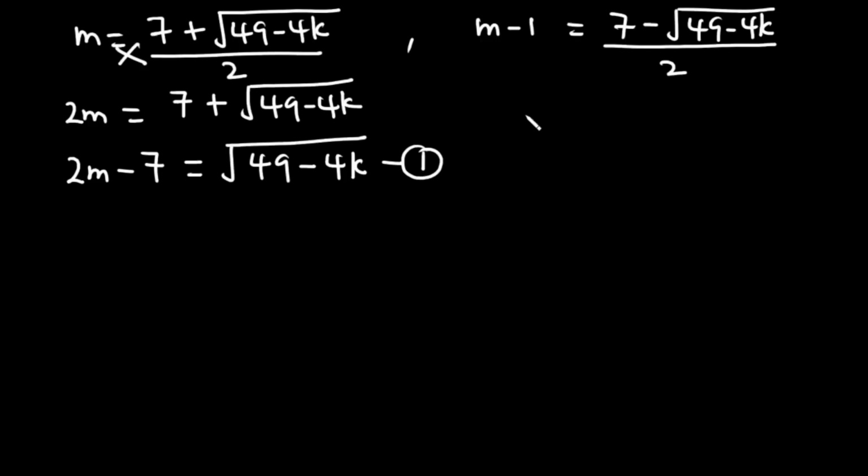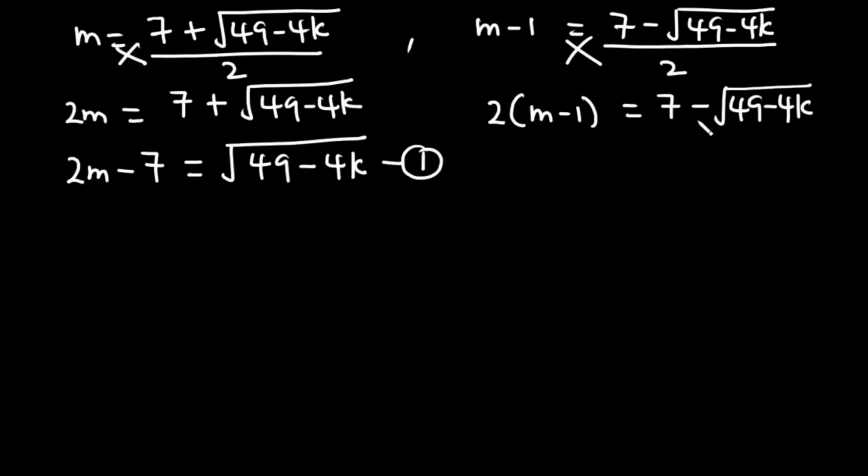Now for the second root, let's also cross multiply. So we are going to have 2 into bracket m minus 1 is equal to 7 minus the square root of 49 minus 4k.